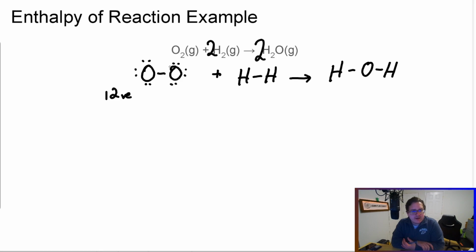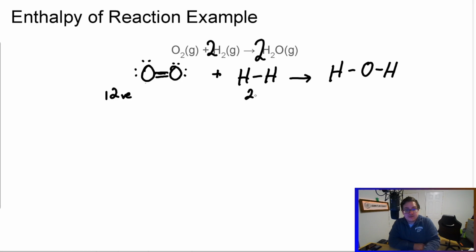Oh, Lewis diagrams. We give it a bond, draw our dots. Does it have 12? That's 2, 4, 6, 8, 10, 12, 14. We have too many electrons, meaning I actually need to erase some and draw a double bond. So oxygen has a double bond here.